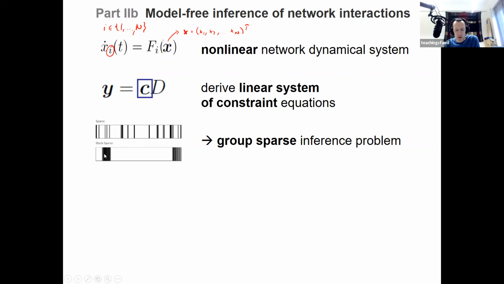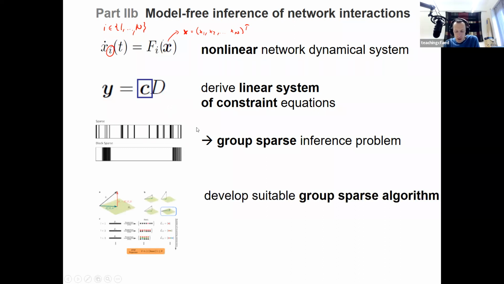So blocks of entries of this C matrix are non-zero, and then blocks are zero. And I'll explain why that is and how we can find such a solution roughly. There are standard methods, and ours is related, but not exactly the same as existing standard methods. And we develop a suitable group sparse algorithm, which is greedy.